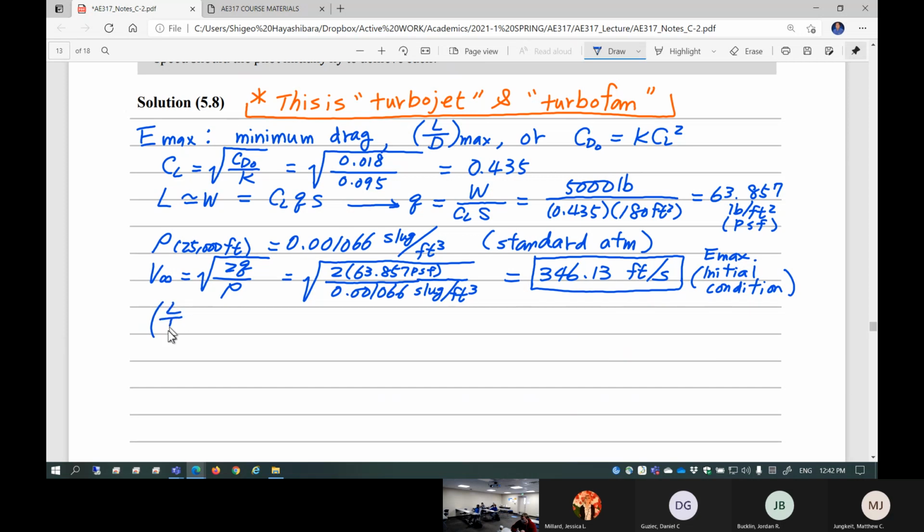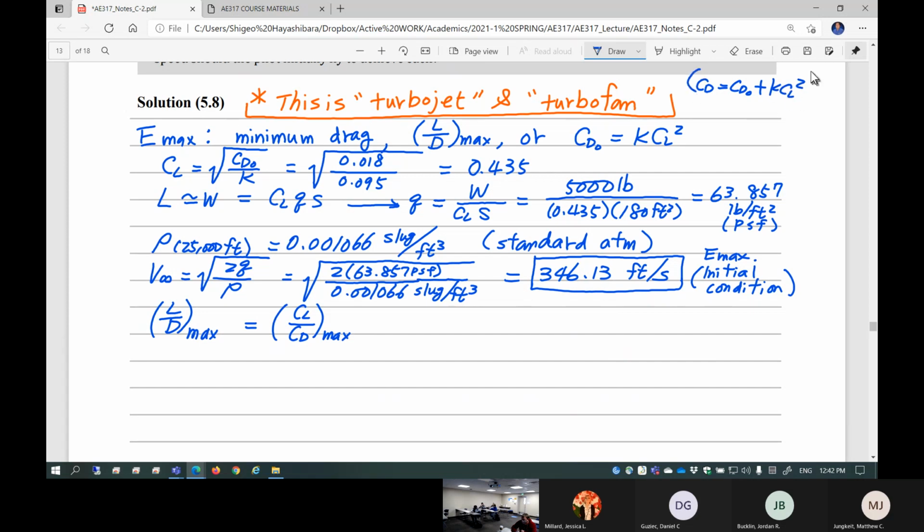So if you pick up the condition L over D max, this is, by the way, CL over CD, which is maximum value. Starting from this condition, note that CD is equal to CDO plus KCL squared.